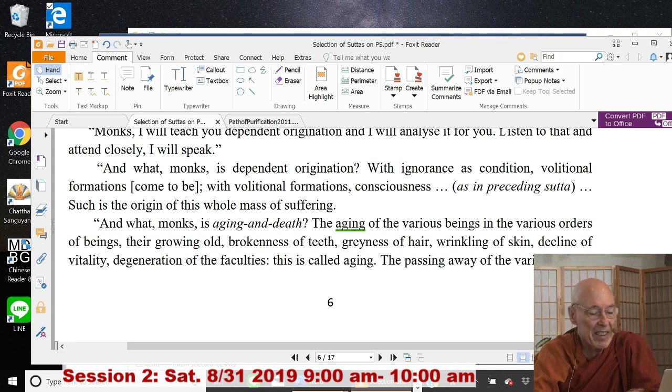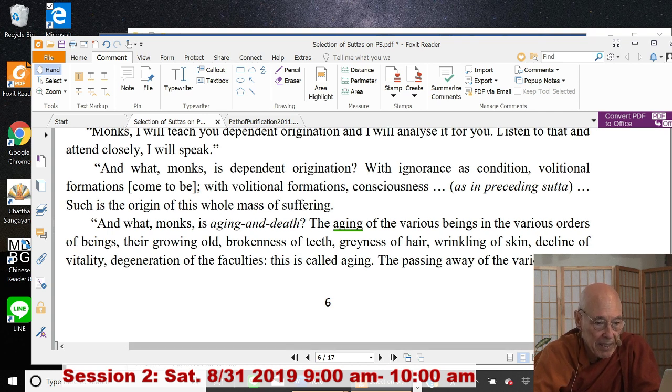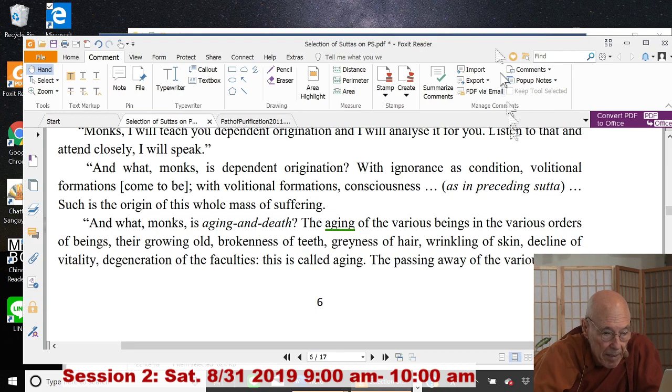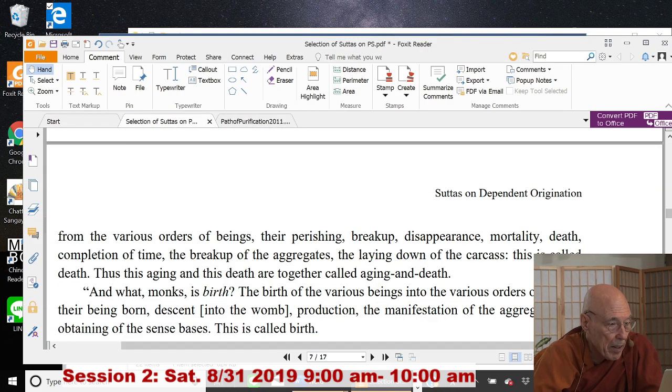Okay, then the next term in this compound is what we're always trying to evade or to avoid, to escape from: death. And here it's defined as the passing away of the various beings from the various orders of beings, their perishing, breakup, disappearance, mortality, death, completion of time.